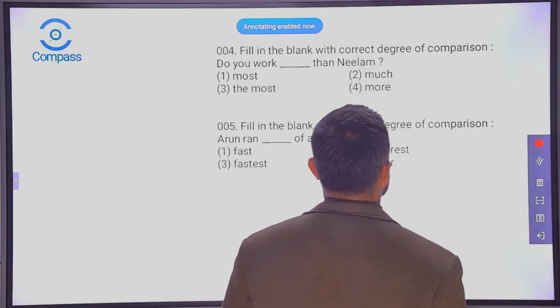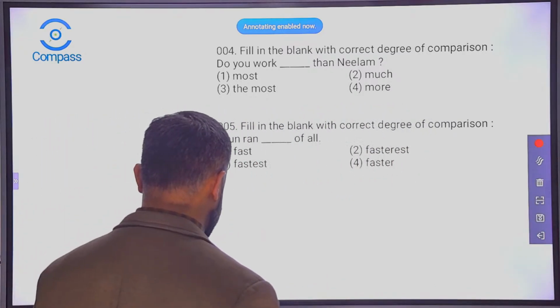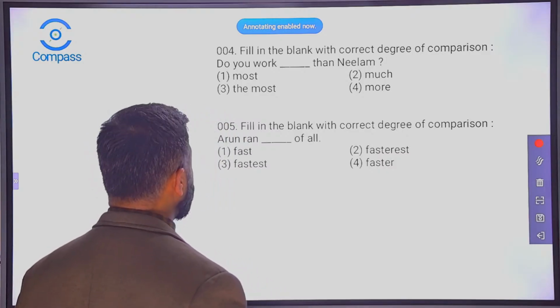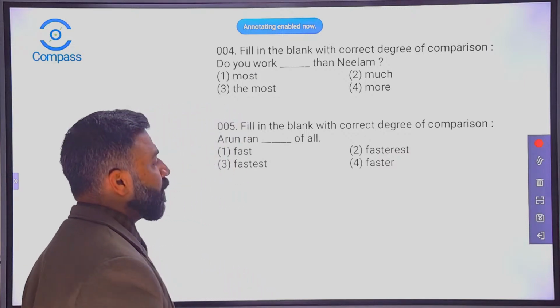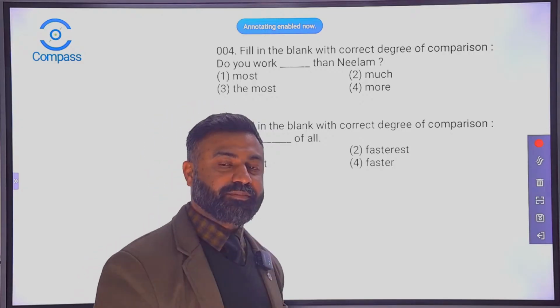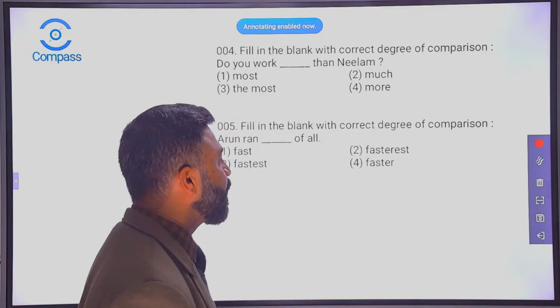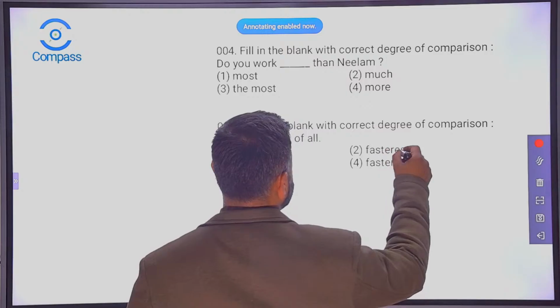Okay. So let's come back to question number 5. Fill in the blank with the correct degree of comparison. Again, we have Arun ran dash of all. Come on. What should be the right answer? Okay. So it says fast.